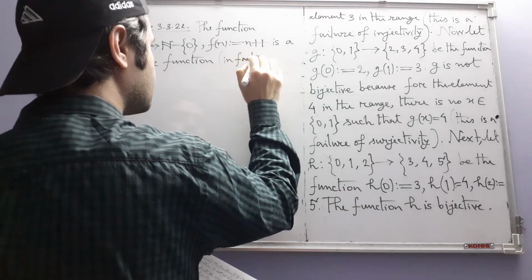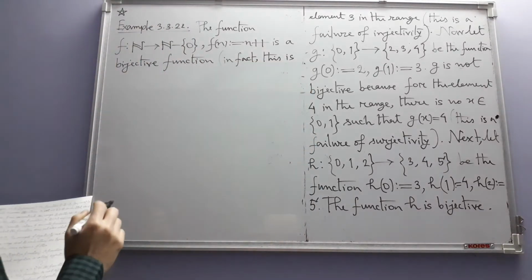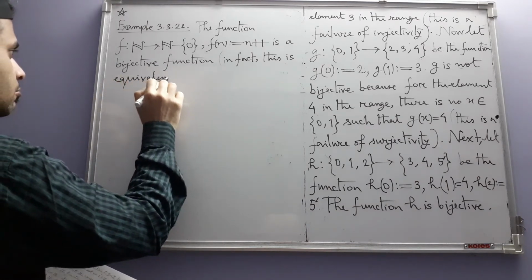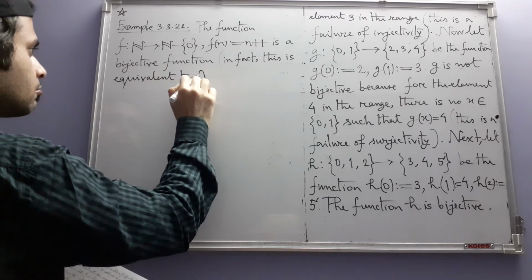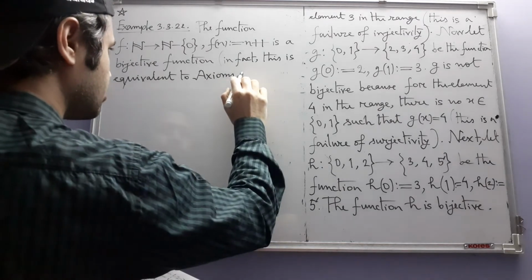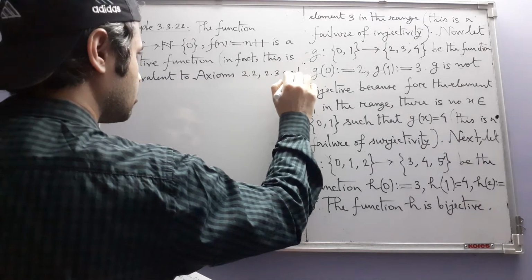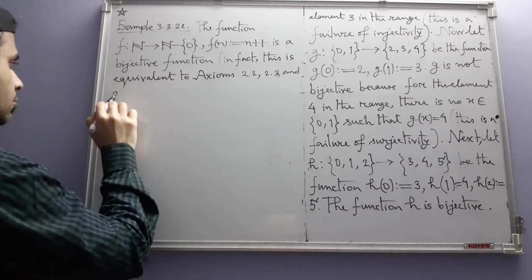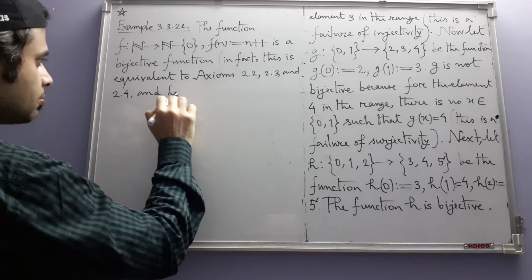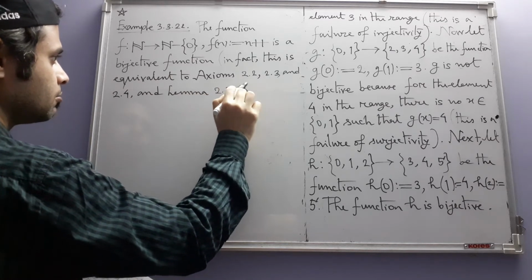In fact, this is equivalent to Peano axioms 2.2, 2.3 and 2.4 and lemma 2.2.10.